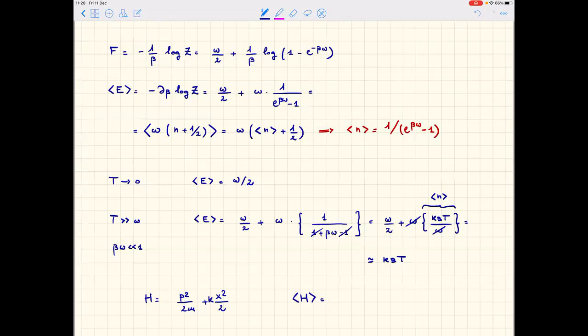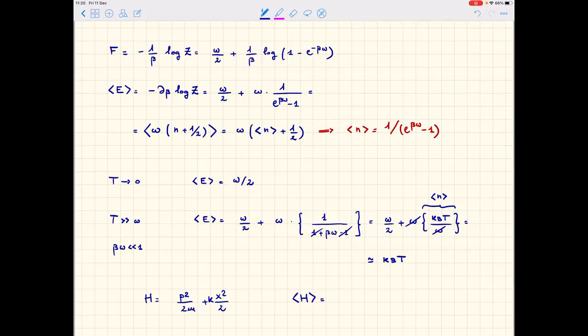I should think carefully. Have you ever heard of the equipartition theorem? And what does the equipartition theorem tell us? Oh yeah, it should be like 3/2 kBT.